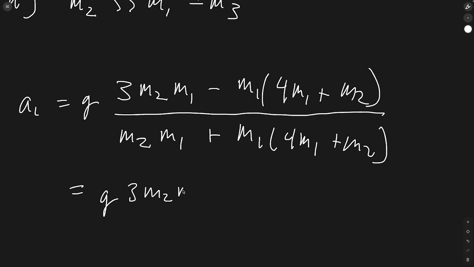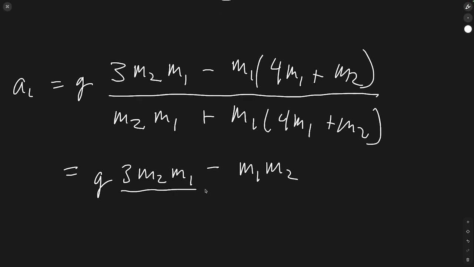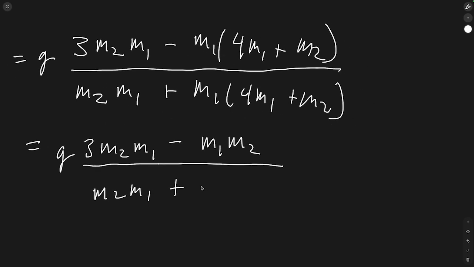Let's say this is M1, right? And so this is just basically M2. Okay, let's just write M2, right? So 4M1 plus M2. And then down here, we'll keep this M2, M1 plus M1.